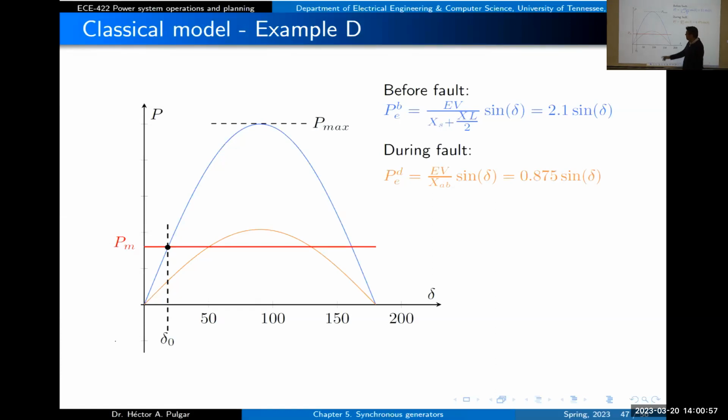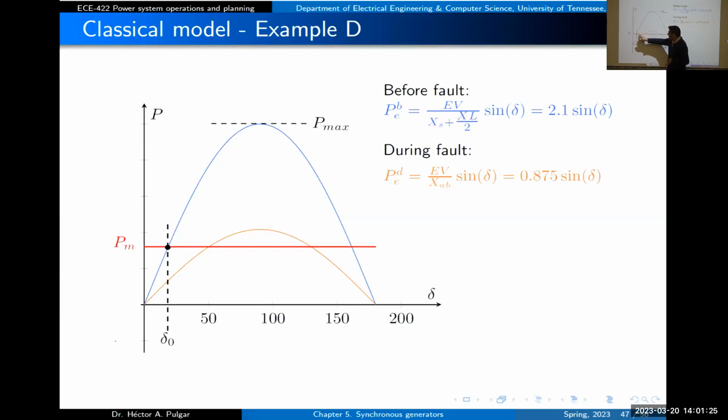An observation based on this: in this example, of course, this is an academic example, if you leave this system with a short circuit, the fault can remain there forever, right? The machine will never lose stability. Did you pay attention to that? No, not really. Later in this chapter, we discuss the equal area criterion.